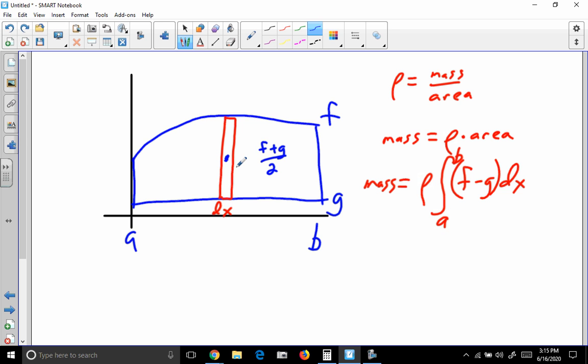So let's begin by finding the moment on the y-axis, and then we'll come back and do the moment measured from the x-axis. Actually, let's do the x first.